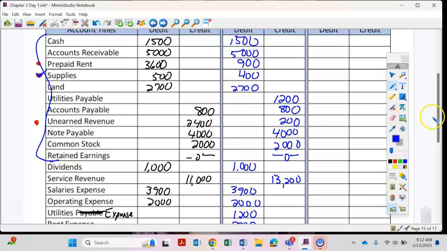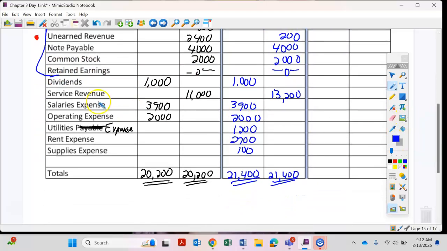Here's our balance sheet. But we don't start with the balance sheet. We're going to start with the income statement. Right, so that's the first thing we prepare. And then second thing is the changes in stockholders' equity, which is the second financial statement that gets prepared.